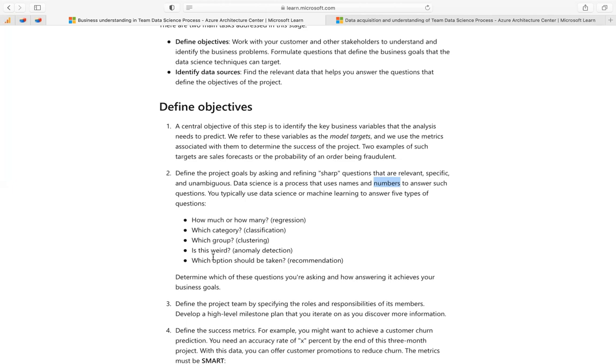Which option should be taken? Recommendation. Now, the decision stands on you as a data scientist after detecting all these problems. You know in the next 10 years your organization doesn't have a future. Or in the next 3 years, or in the next 4 years, or in the next 10 years your organization actually has a future because the people you are doing services with are the young generation.